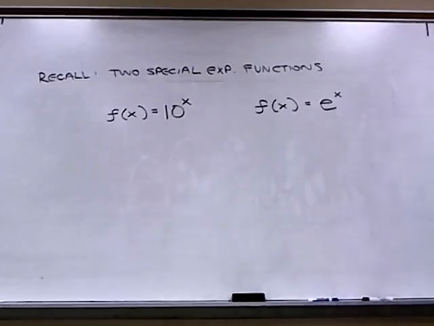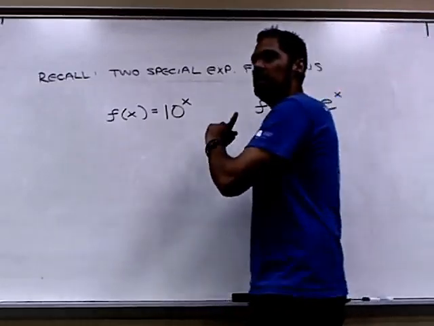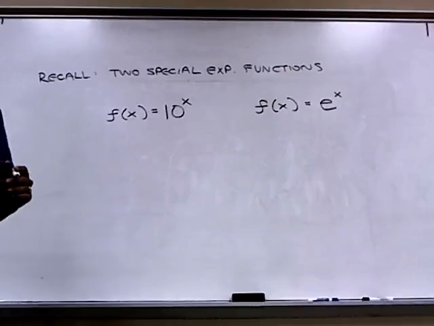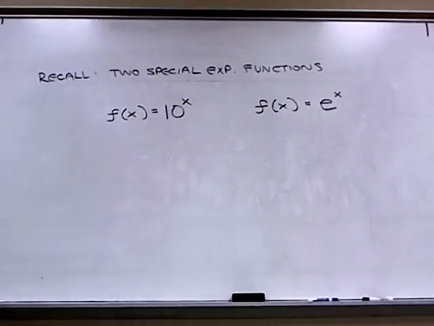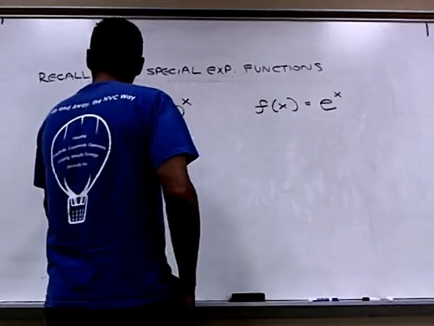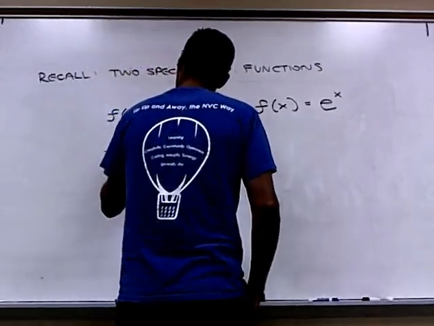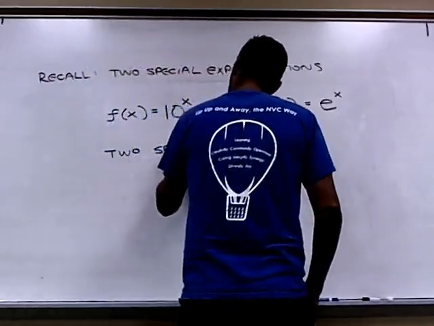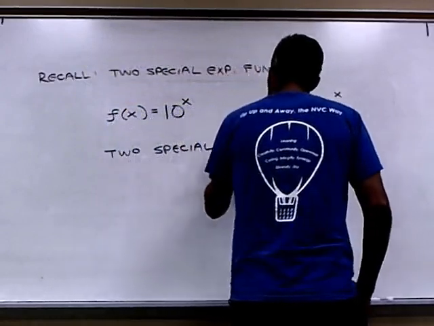So if there are 2 special exponential functions with those 2 bases, 10 and e, then wouldn't it make sense that there are 2 special log functions also with those 2 bases? And that's exactly what we have. There are 2 special log functions.